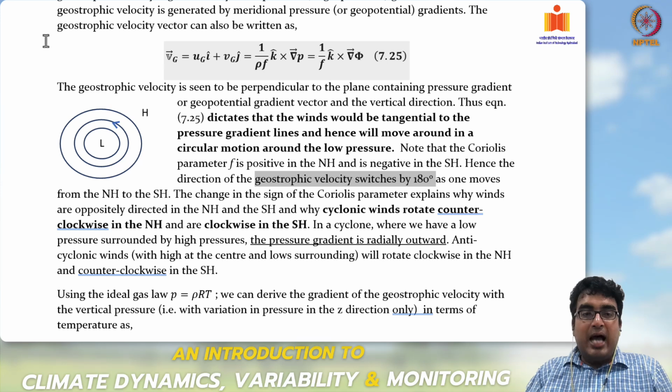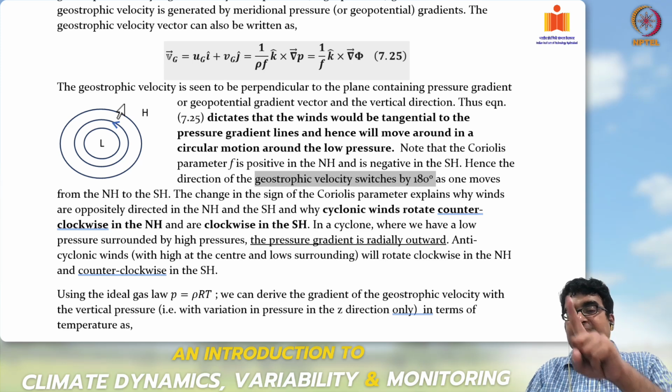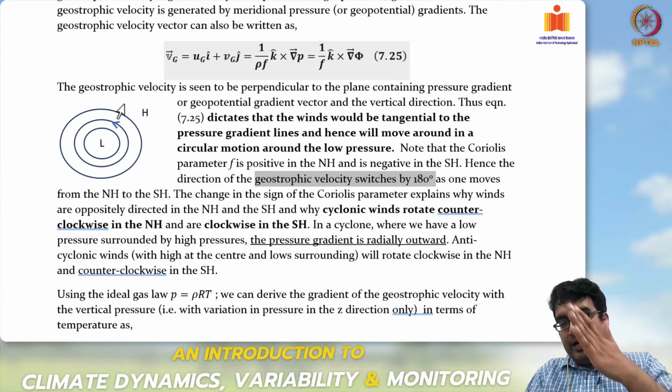So the iso pressure lines are circles, right? And the pressure gradient is radial. So the pressure is high here, low here. So pressure is increasing in the radially outward direction. So gradient of P is in the radial direction. So suppose it's along the ground, gradient of P is in this direction.